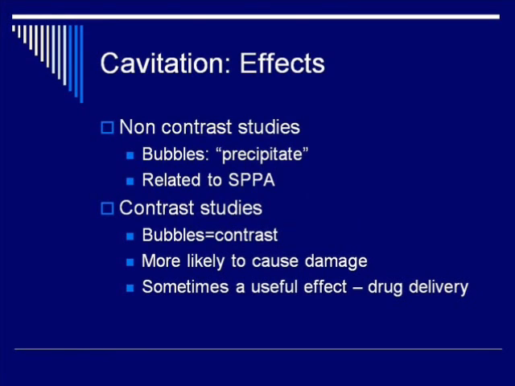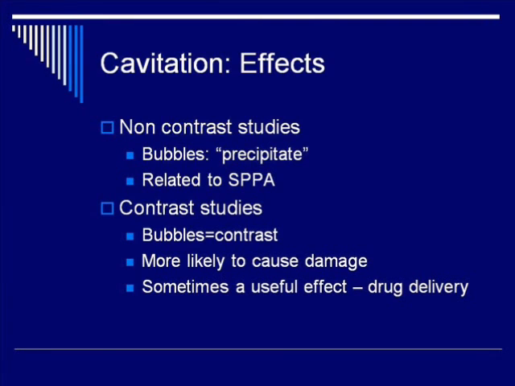There are two places where you see cavitation in diagnostic ultrasound. The first is in non-contrast studies when you use high power settings. Under these circumstances, the peak negative pressures produced by the ultrasound pulse create areas of low pressure in the tissue. Recalling basic chemistry, under low pressure, gas solubility decreases.